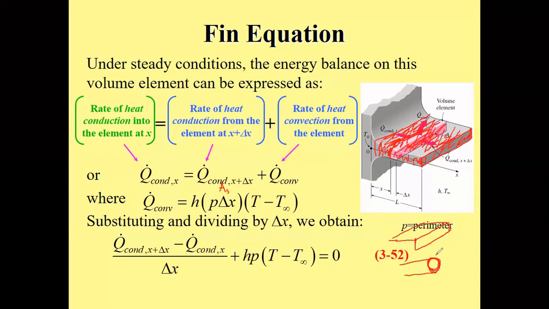This is the perimeter for the rectangle, because we only take the whole surface here. So substitute this into the first equation and then divide by delta x. You will get this.